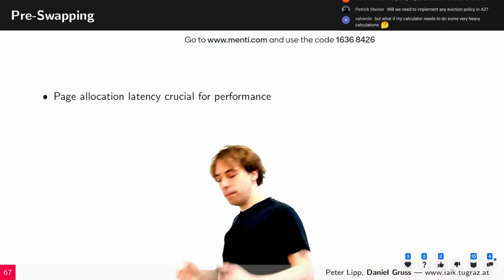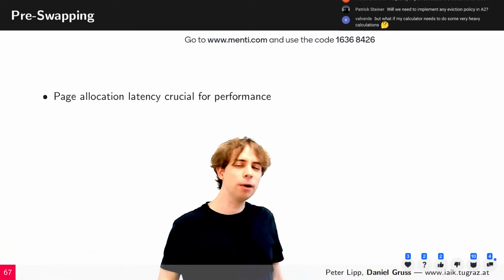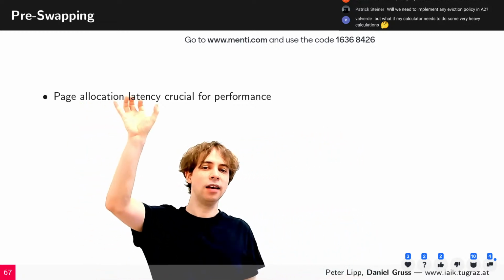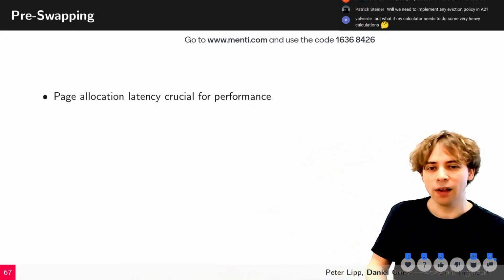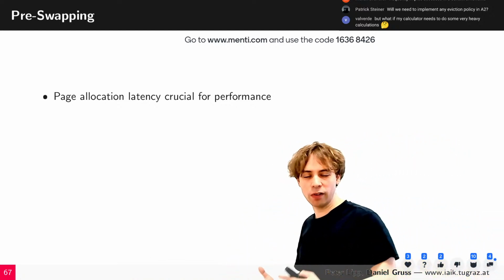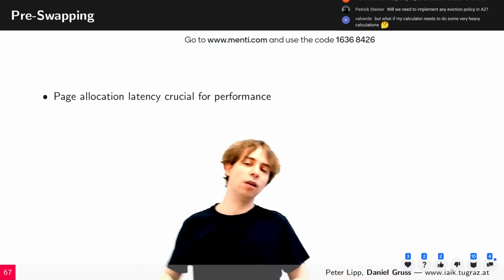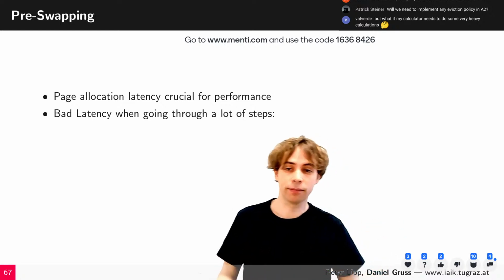Also, maybe in looking forward to assignment 2 here, you can implement something that is called pre-swapping. Page allocation latency is crucial for performance, and if you need to swap when allocating a new page for someone, then the page fault latency will go up dramatically.